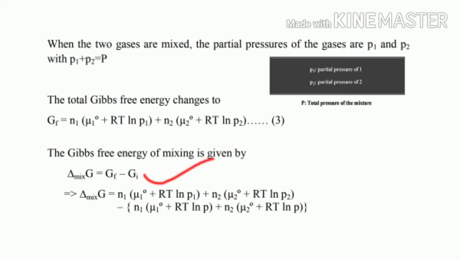So therefore the Gibbs free energy change of mixing is given by del G mix is equal to Gf minus Gi, from which we can write N1 into (mu1 naught plus RT ln p1) plus N2 into (mu2 naught plus RT ln p2) minus N1 into (mu1 naught plus RT ln P) plus N2 into (mu2 naught plus RT ln P).